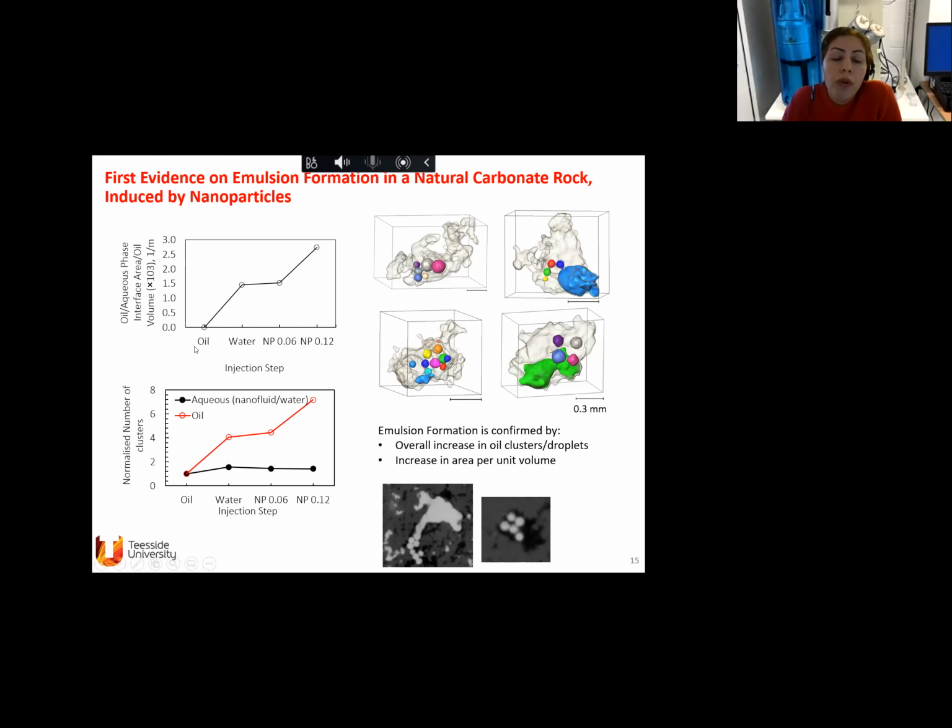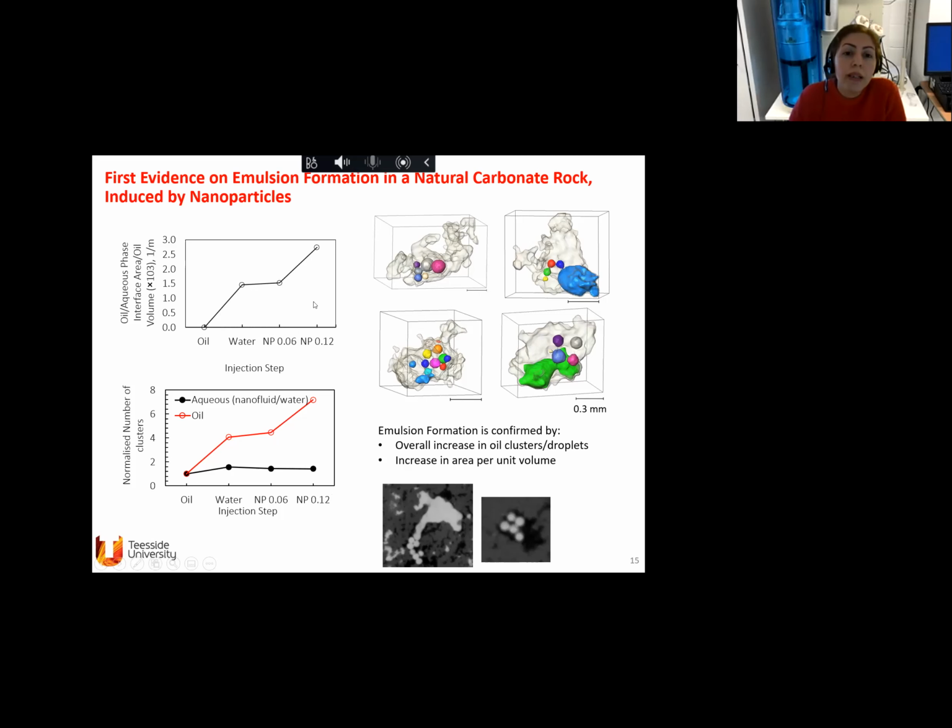What we were also able to measure quantitatively was that, as a result, the surface area of the droplets, the oil phase in general, has increased quite substantially during the higher concentration nanoparticle injection. There's comparable surface area for the lower concentration and the water injection.